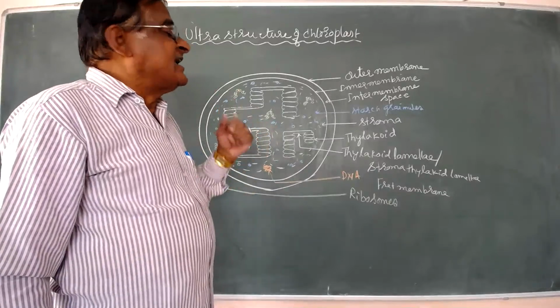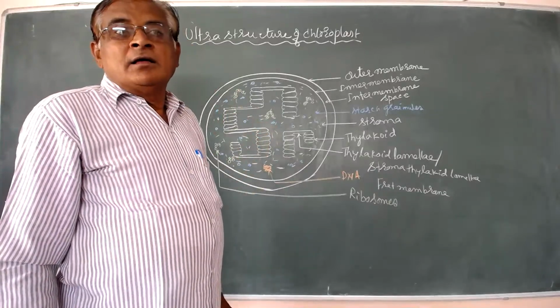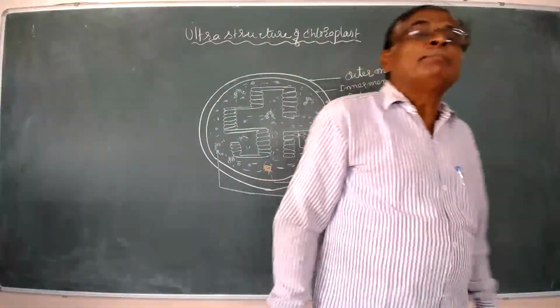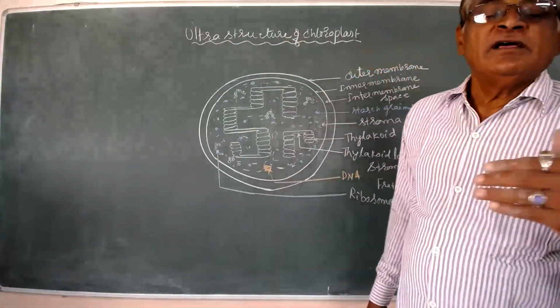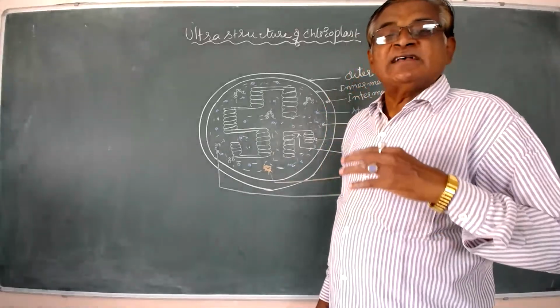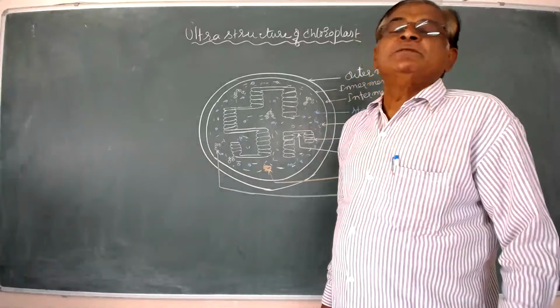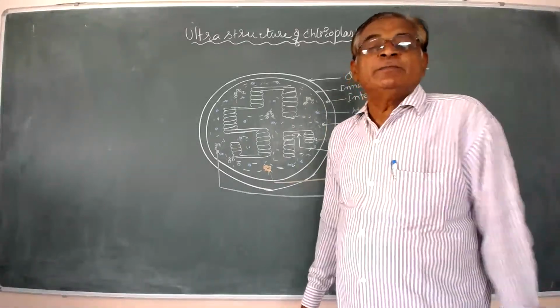Especially in the case of the chloroplast, the size will vary from plant to plant and from time to time. As the plant and the cell become old, the number of chloroplasts will increase and the size will be different.